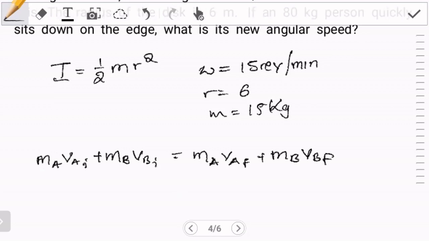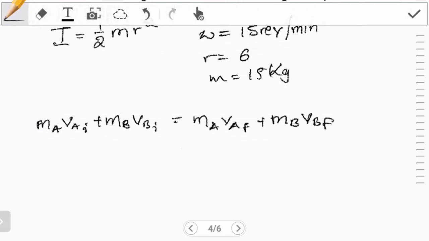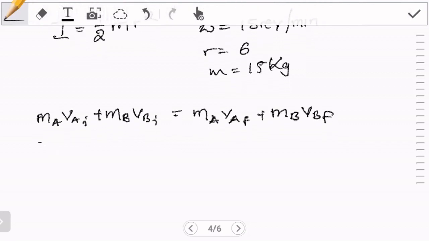So this was from linear momentum. Now what we're saying is, in terms of angular motion or circular motion, we use moment of inertia for mass, and we use angular velocity for velocity. So this expression now looks something like this.